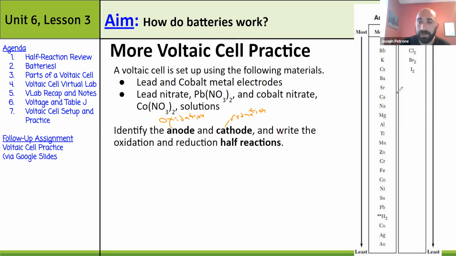So we'll find lead. Lead is Pb. Lead is right here. And then cobalt is a couple steps above it. So in this case, cobalt is going to be oxidized, and lead is going to be reduced.